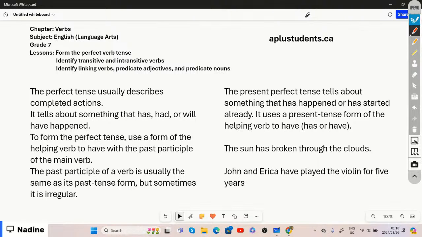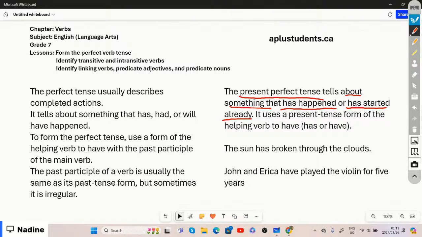We are currently doing it, it is currently in motion, it's happening now. And that is a present perfect tense.